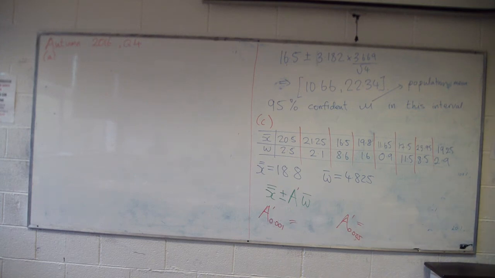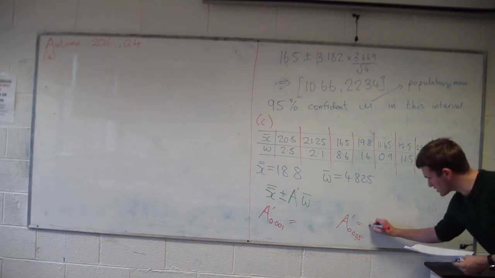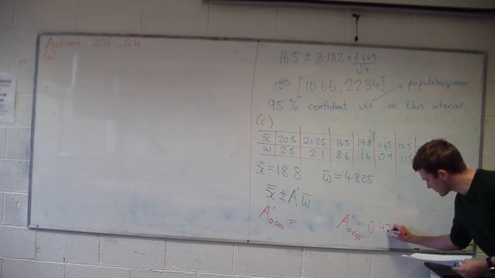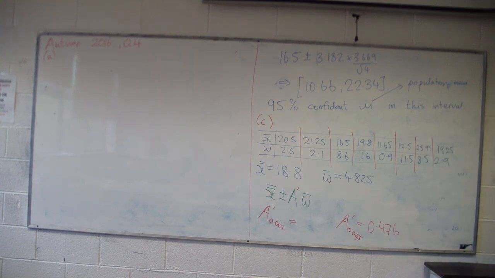Actually, there are no A dashes on these. It doesn't matter. So you go to the sample size. What's the sample size here? 4 again. So the 0.025 under 4 is 0.476. Is A dash always 0.001 and then 0.025?